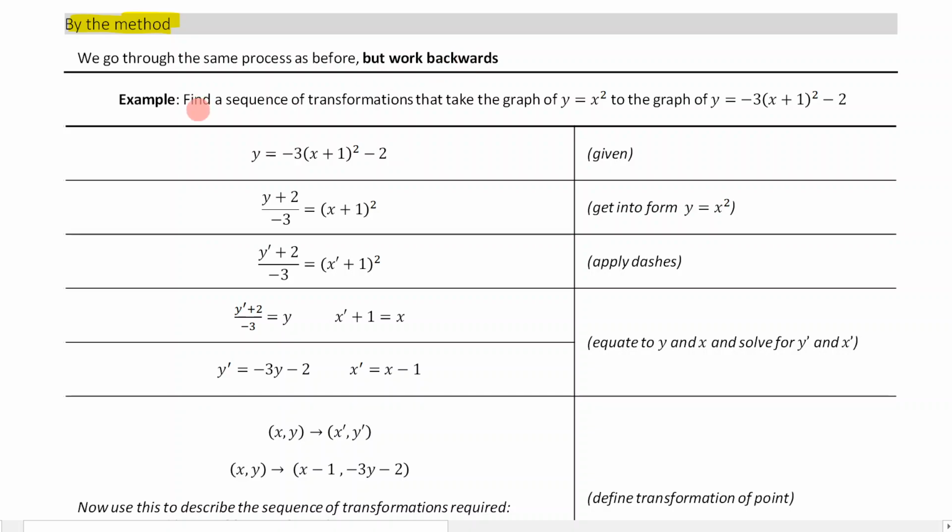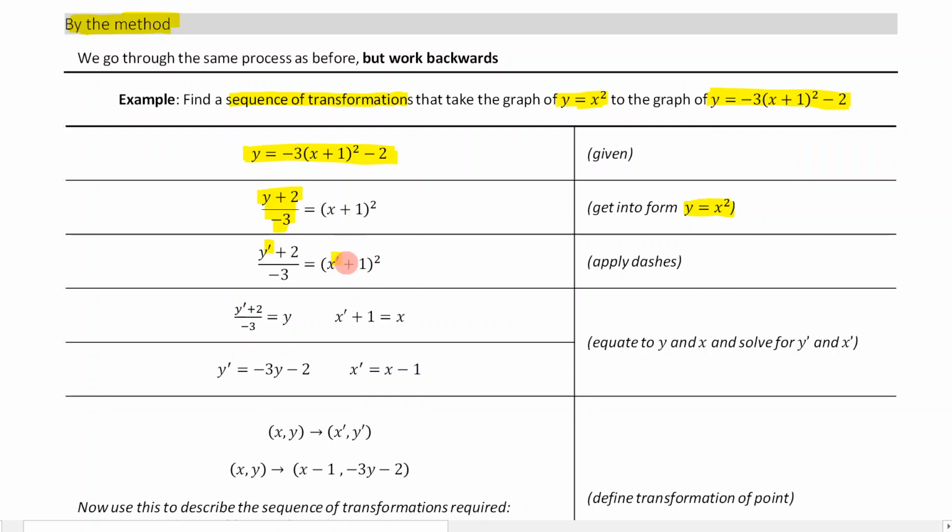So a question will say something like this: find a sequence of transformations that takes the graph of y equals x squared to the graph of this right here. So we're going to do the same thing as we normally do when we're doing by the method; we're just going to work backwards. We've been given the transformed function, and then we're going to rearrange it like so, in order to get y equals x squared. We then apply dashes.